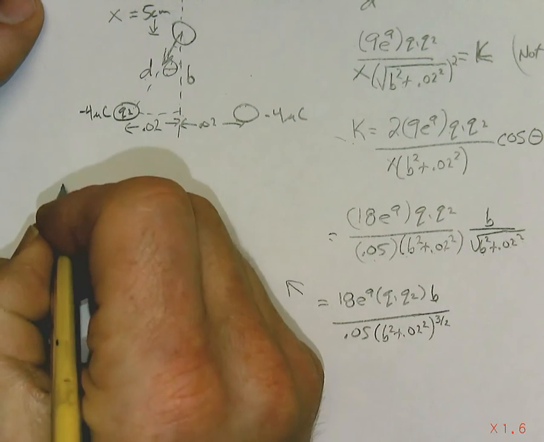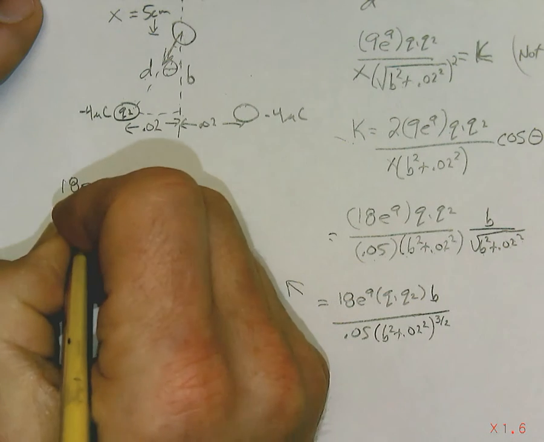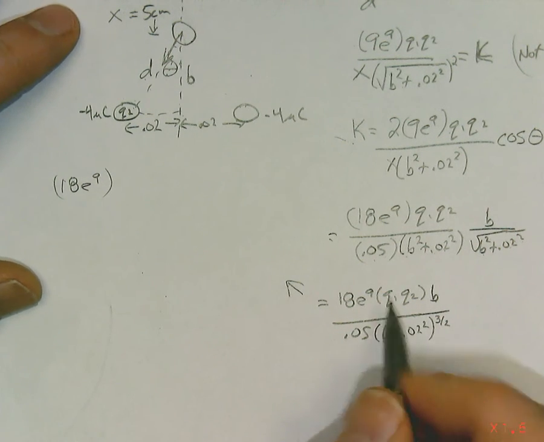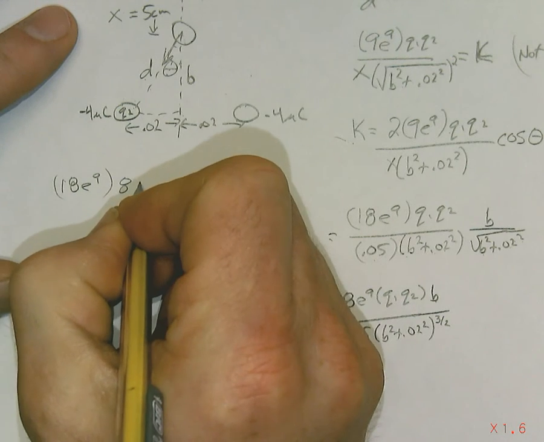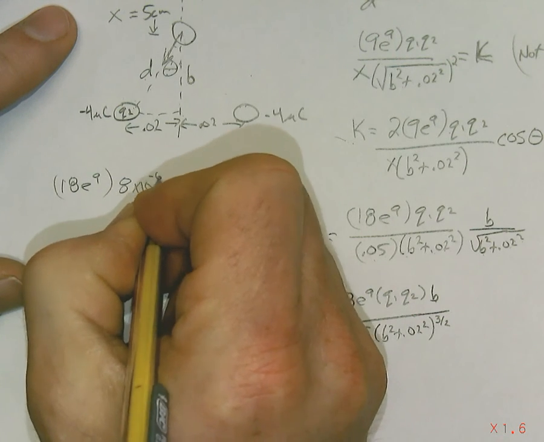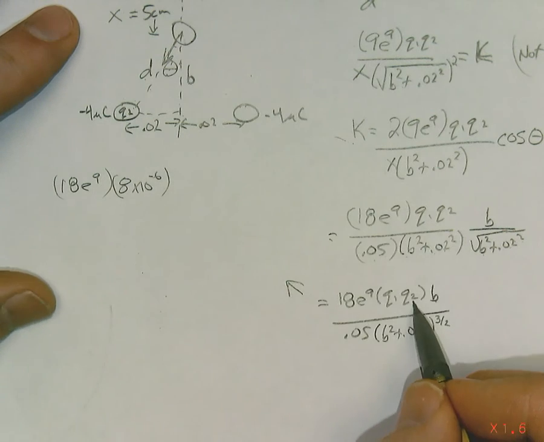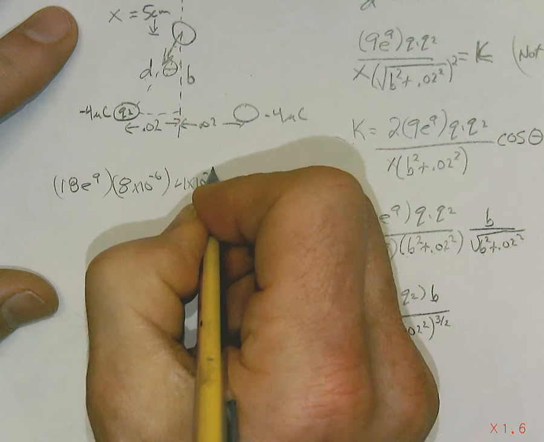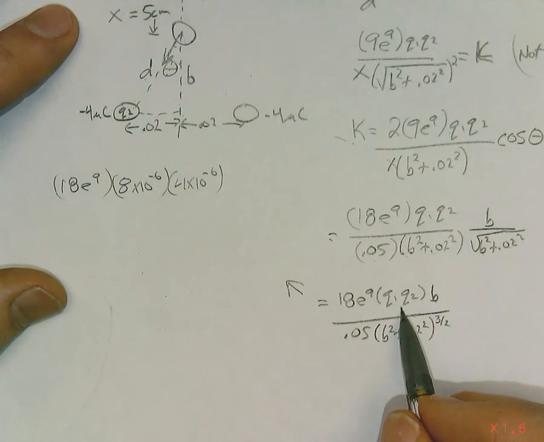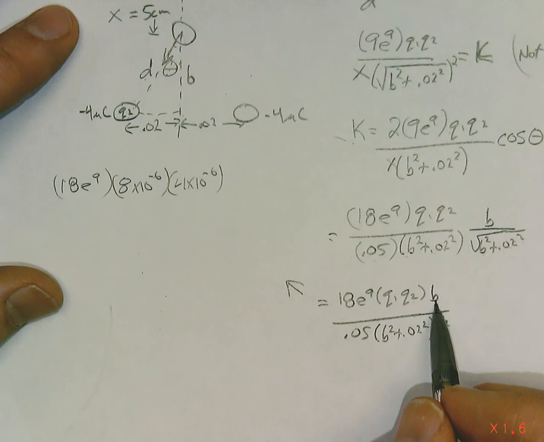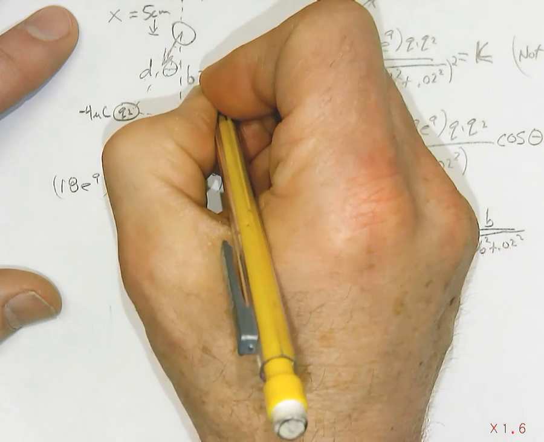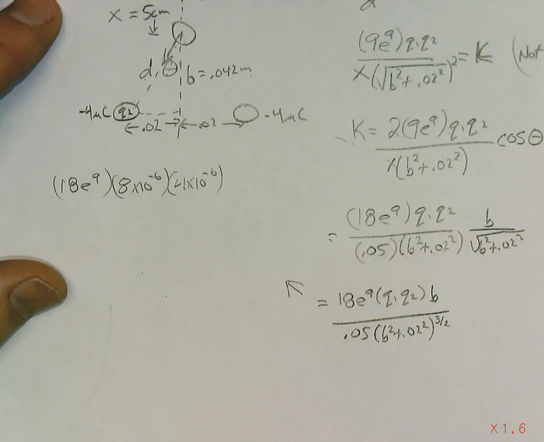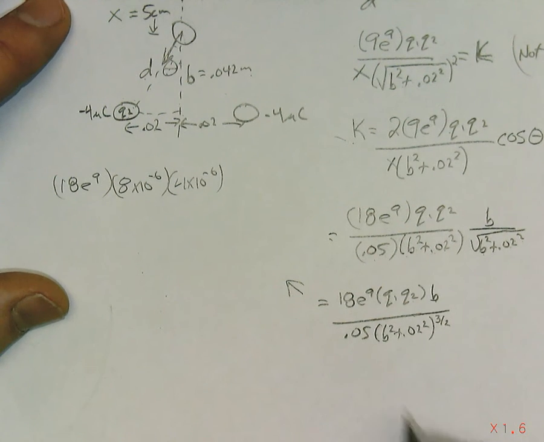Okay, so I got 18e9. Now q1 is 8 times 10 to the negative 6th, that's microcoulombs. Q2, 4 times 10 to the minus 6. For me, b is equal to 0.042 meters, 4.2 centimeters, and you have a different value.